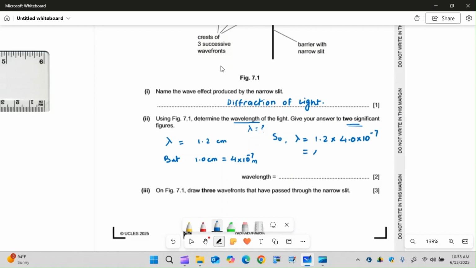That provides me 4.8 times 10 to the power negative 7 meter. Now here we can simply write this answer as 4.8 into 10 to the power negative 7 meter.